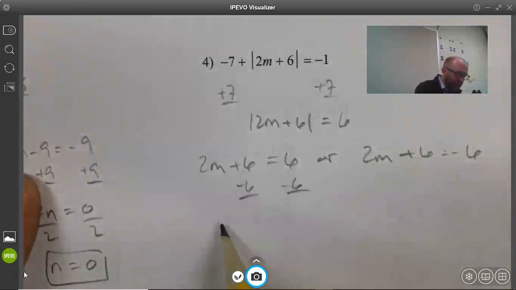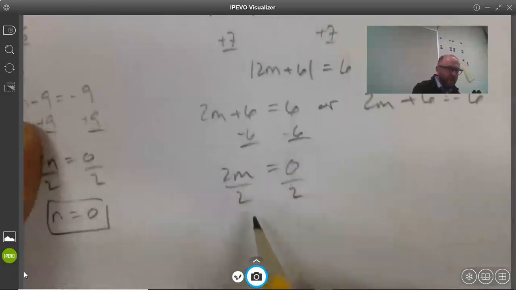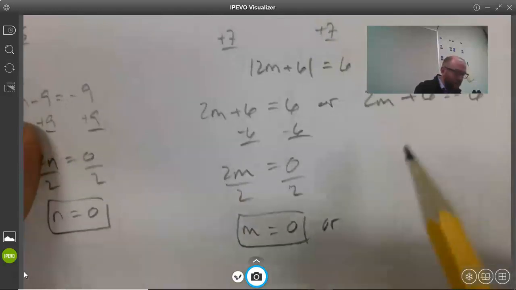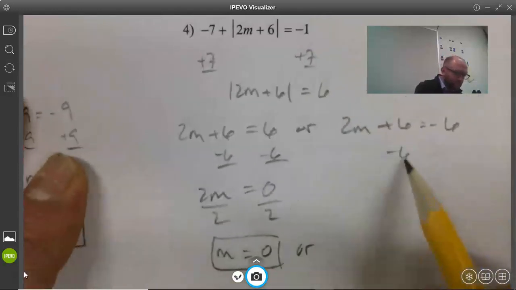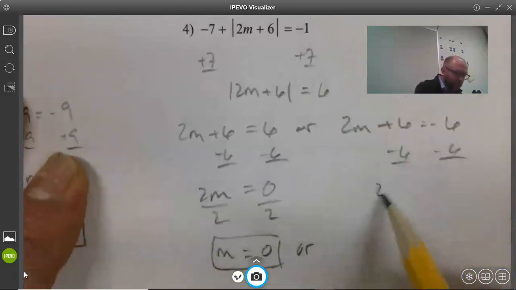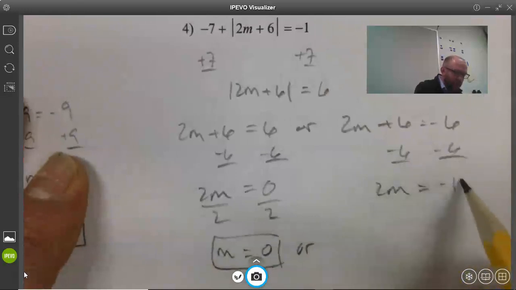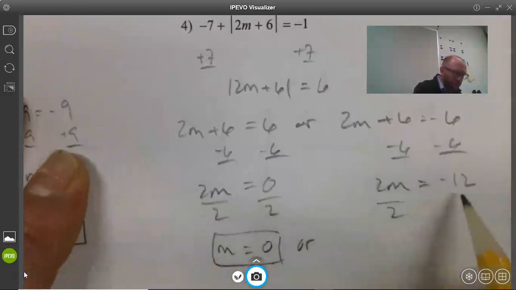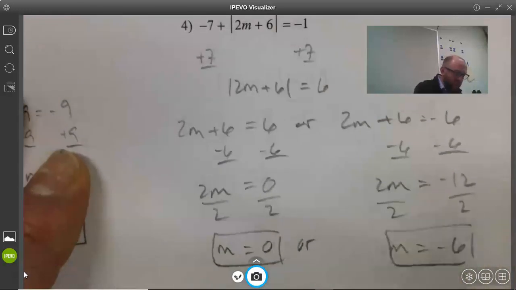I'll subtract 6 from each side. 2m equals 0. Divide by 2 on each side, and m equals 0. Or, I take 6 away from each side, and I get 2m equals negative 12. I divide by 2 on both sides, and m equals negative 6.